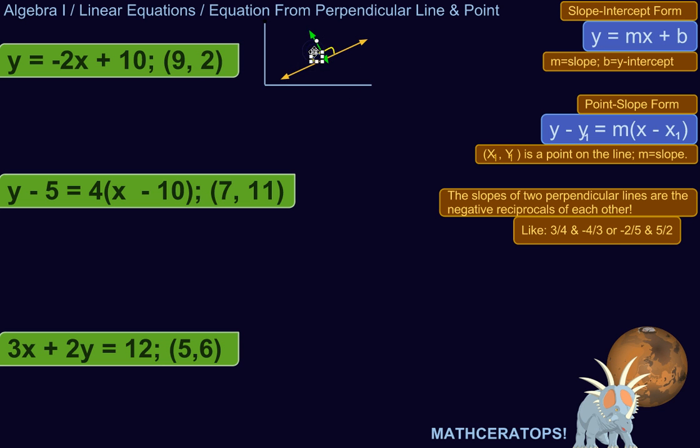Okay, so how do the slopes of perpendicular lines relate to each other? The slopes of two perpendicular lines are the negative reciprocals of each other.